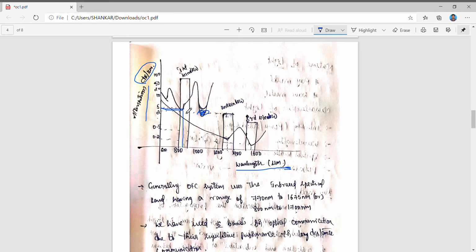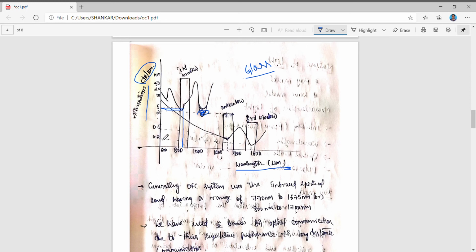To reduce the attenuation of a signal, they did experiments using different materials. Out of those materials, optical fiber glass provided the good attenuation properties.